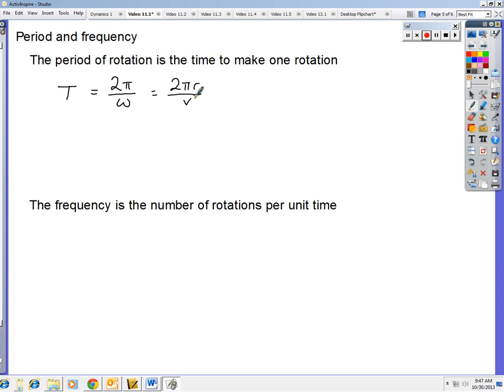Typically, the period of rotation is only a useful quantity if the angular speed is constant. And then the frequency is the number of rotations per unit time, and that's just 1 over T, or the angular speed divided by 2 pi. We won't use that very much here, but you'll find it comes in very useful when we get to simple harmonic motion in our next unit.